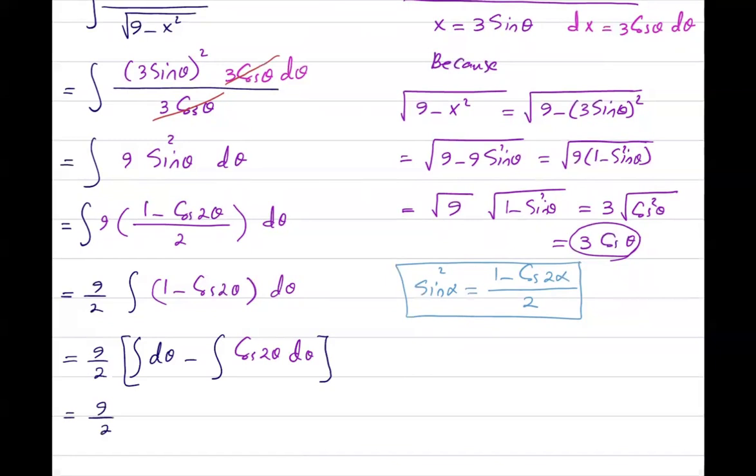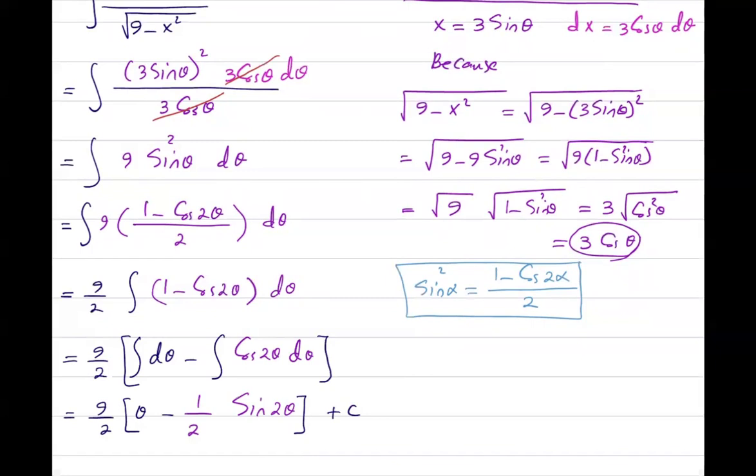The integral of d theta is theta, minus the integral of cosine 2 theta, which becomes 1 over 2 sine of 2 theta, plus the constant of integration.